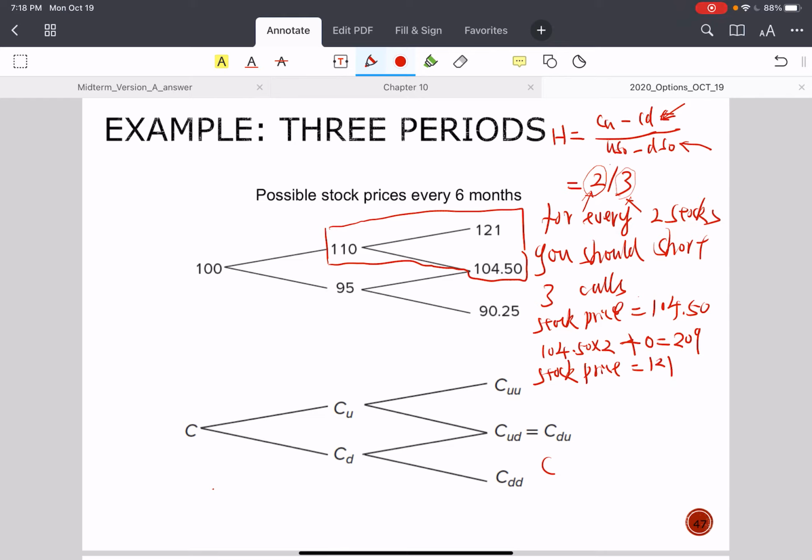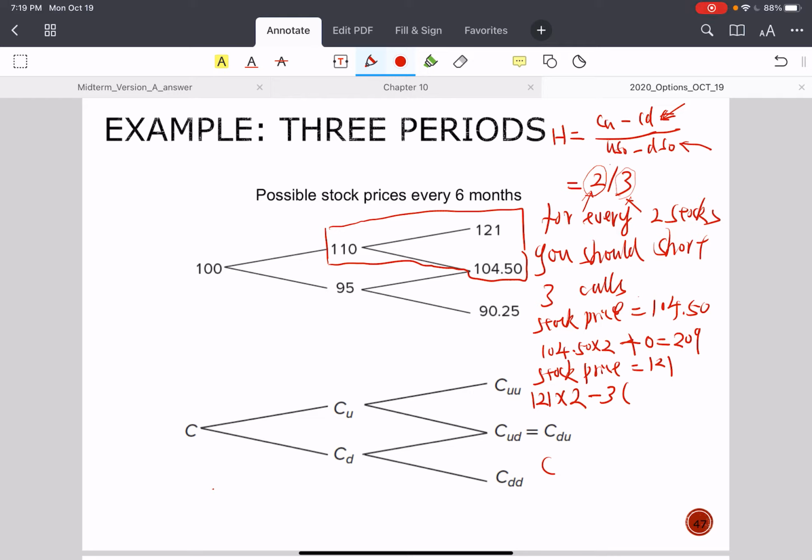In this case, again, you have 2 stocks, so this will give you this value. And you also have 3 calls. For each call, the call holder will exercise the call because now the call is in the money because the stock price is higher than the exercise price.